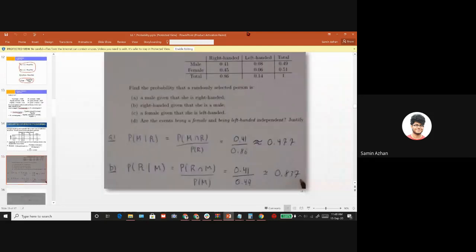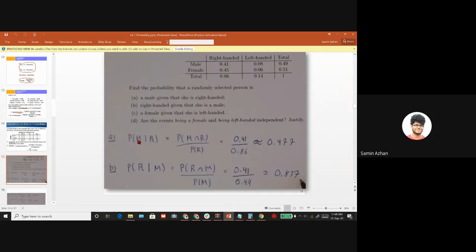So there are a few more examples given in the slides. This time the table is given for whether the person is left-handed or right-handed, and whether a person is male or female. So it's very similar to the one we just did. We have to figure out the probability of the person being a man, given that the person is right-handed.